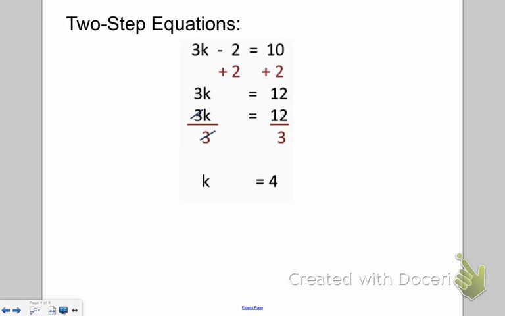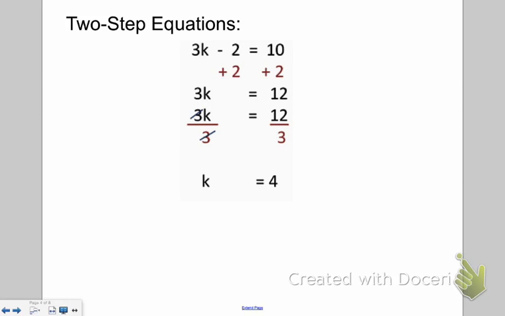The next type of equations that you studied as you were learning algebra were two-step equations. With two-step equations, it takes 2 steps to get to the answer. It takes 2 steps for us to isolate our variable. So in this example, we have 3k minus 2 is equal to 10.